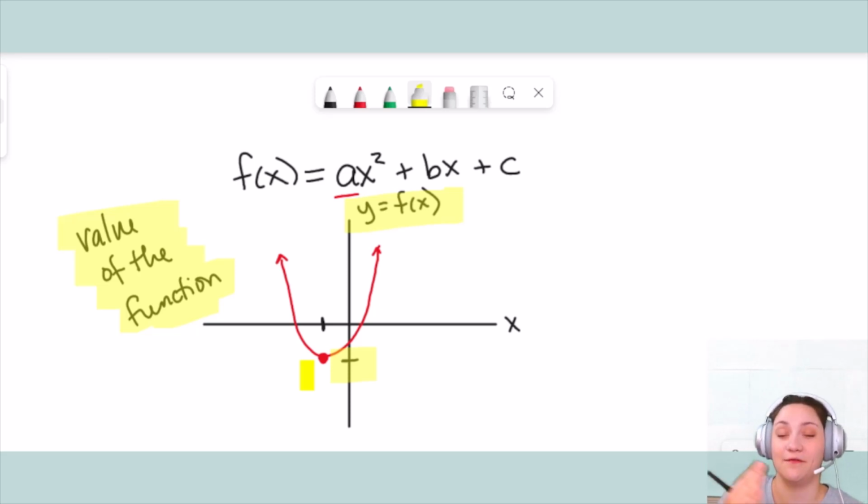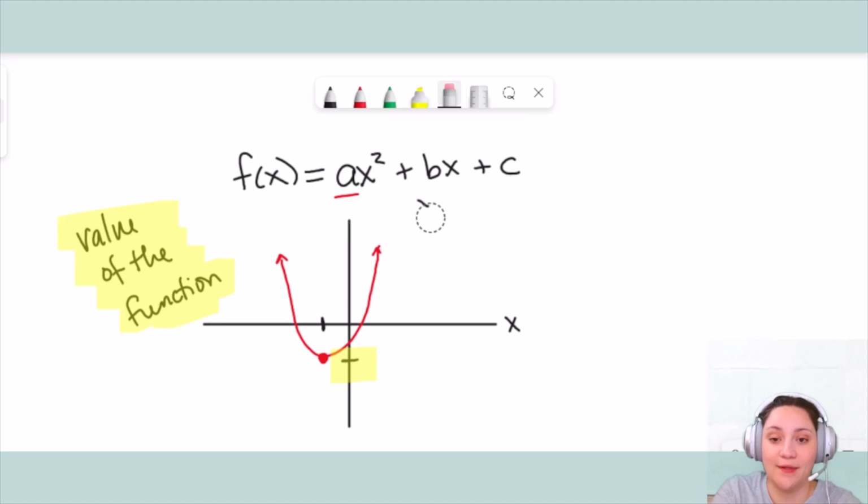We can switch back and forth, remember, depending on what we're doing. So a lot of students get confused about what are you talking about? Is it x? Is it y? So I want to make it clear from the beginning that the value of the function is the y value. So when we talk about the minimum value, in this case, we're talking about what is that y value.